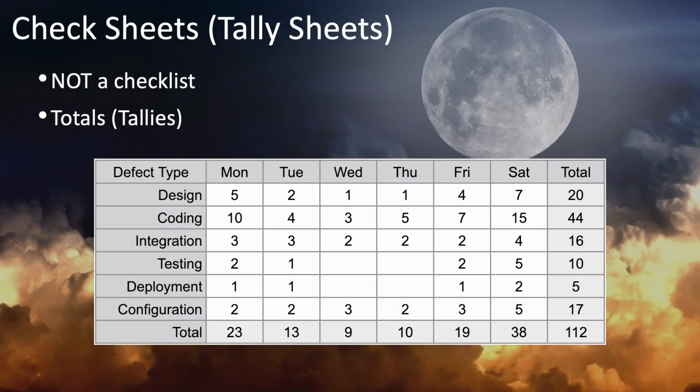And you can confirm your suspicion that people make more mistakes on weekends than during the week, and that more mistakes are made on Mondays and Fridays than on other weekdays. This can help you know where to look for root causes that can be eliminated or mitigated in order to reduce the number of defects introduced. Check sheets are another example of a simple tool that can provide powerful insights.